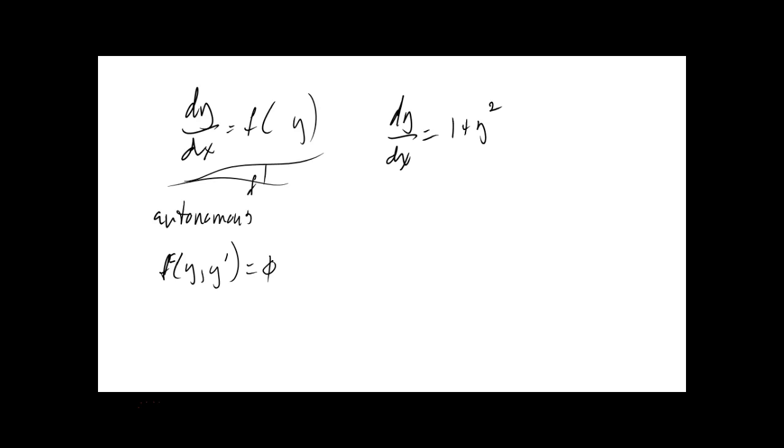It has to be a 1 and 1 only. If that had been a 1 plus x squared, no sweat there. It doesn't matter what the independent variable is, that would have been linear. This one just happens to be nonlinear. They weren't asking that; I just thought I'd throw that out. But that is autonomous.